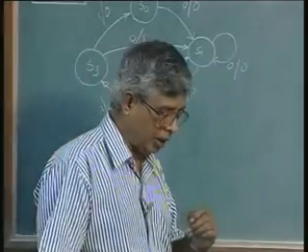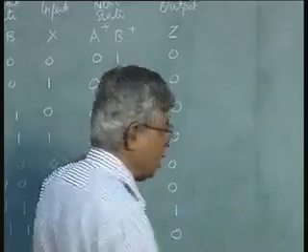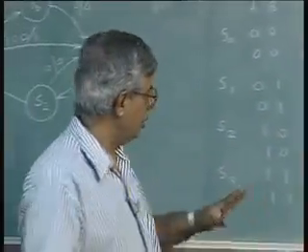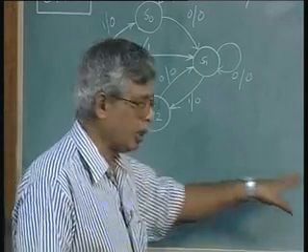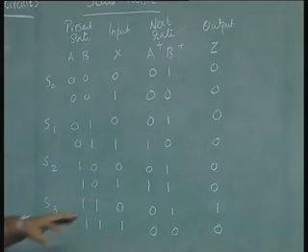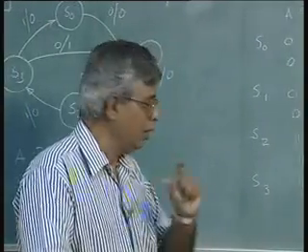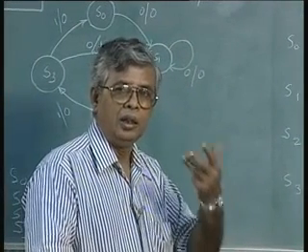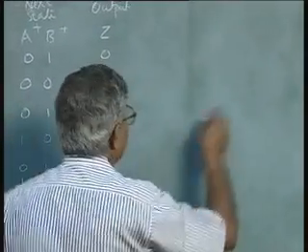So, let us try to do it here. It is a simple procedure. Since there are 4 states, there are 2 flip flops, and that fact is not going to change, whether it is a gate oriented design, a mux oriented design, a ROM oriented design or a PLA oriented design. It is not going to change the fact that 4 states require 2 flip flops. So, let us call these flip flops A and B as we have done here.